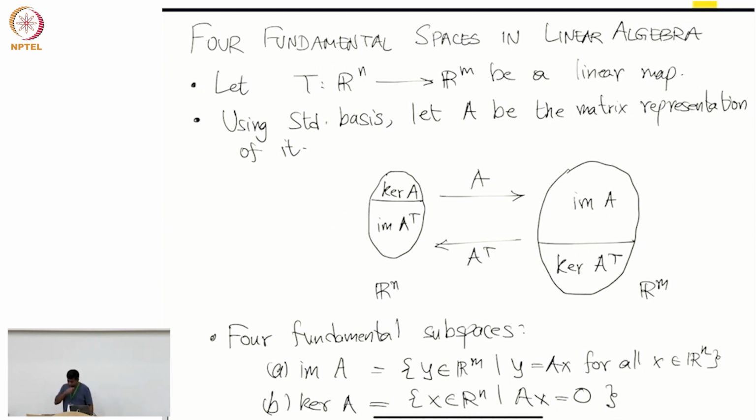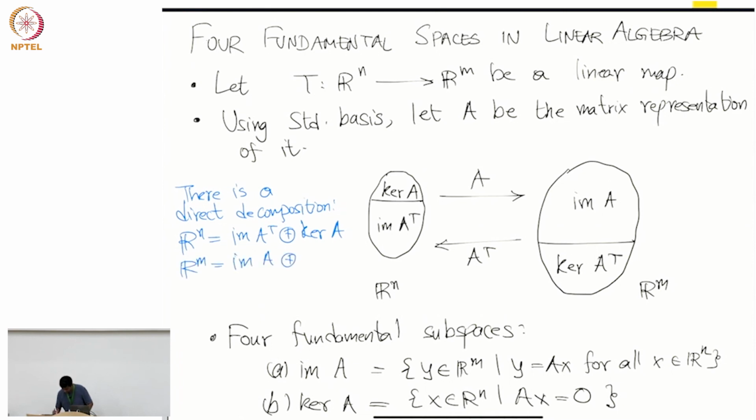There is a direct decomposition: Rn is image of A transpose plus kernel of A, and Rm is image of A plus kernel of A transpose.